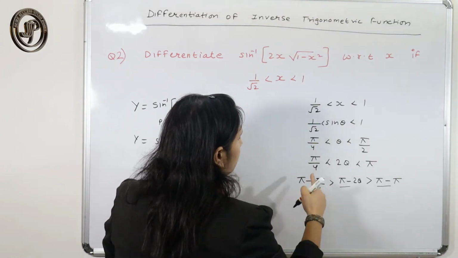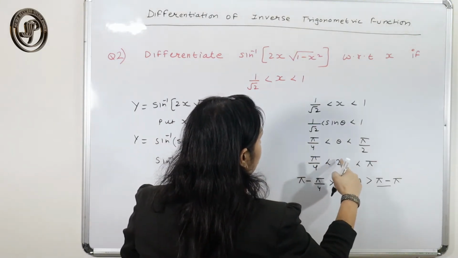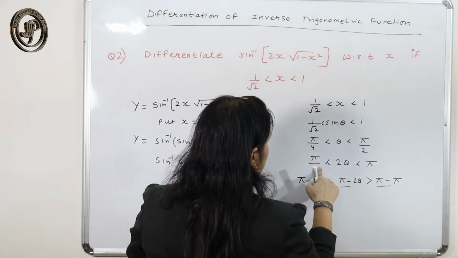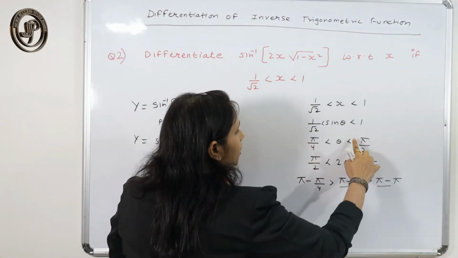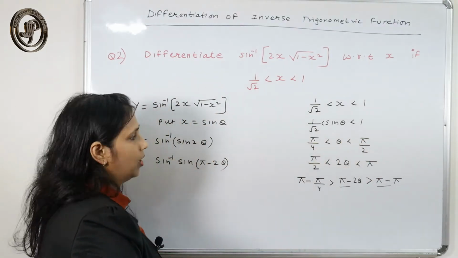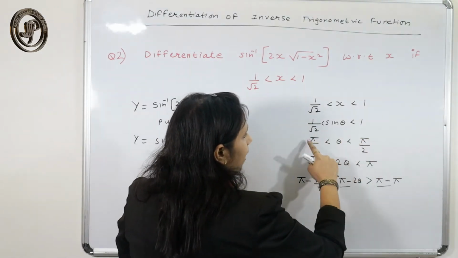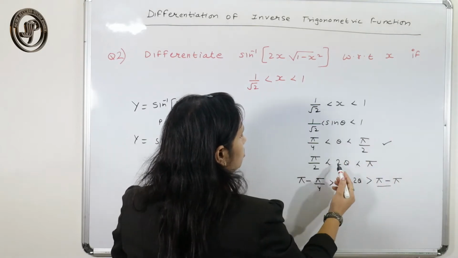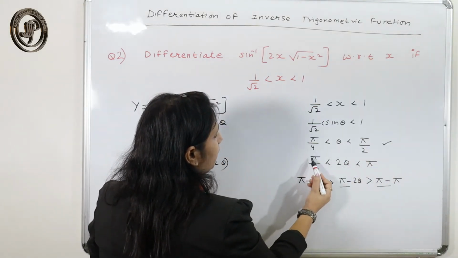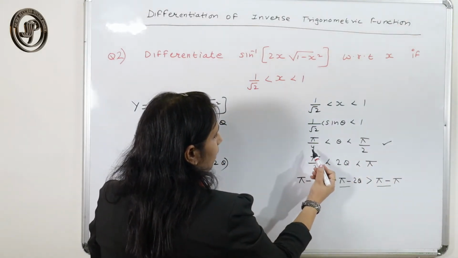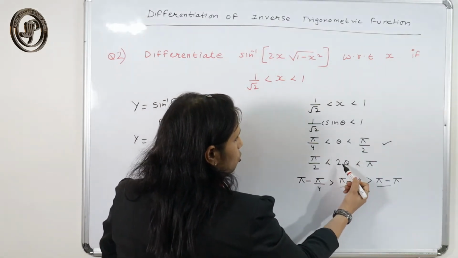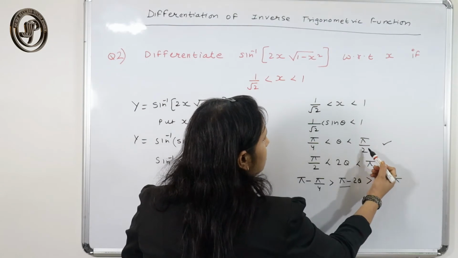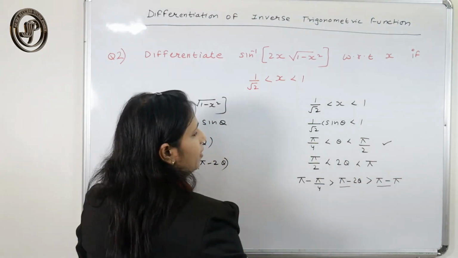oh, sorry, here it is for 2 theta, it should be pi by 2 only, right? Because you are multiplying it by 2 for 2 theta. This is for theta, so for 2 theta, when we multiply by 2, it becomes pi by 2 and 2 pi, and here it is into 2, so here it comes pi.